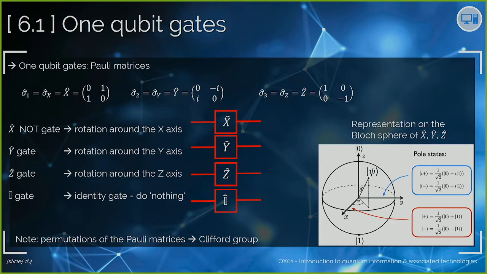And just a side note, that this group of Pauli matrices and identity matrix, and all the permutations that we can think of of these Pauli matrices, represents a particular group, which we call the Clifford group, and we will see later on why this particular group is important.